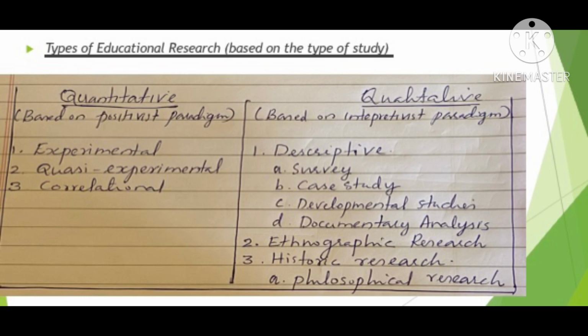In qualitative research, we can again divide into descriptive, ethnographic, and historic research. Under descriptive research, we can see many subdivisions: survey method, case study method, developmental studies, and documentary analysis. And under historic research, we can add philosophical research. Let us see all these subdivisions in detail.